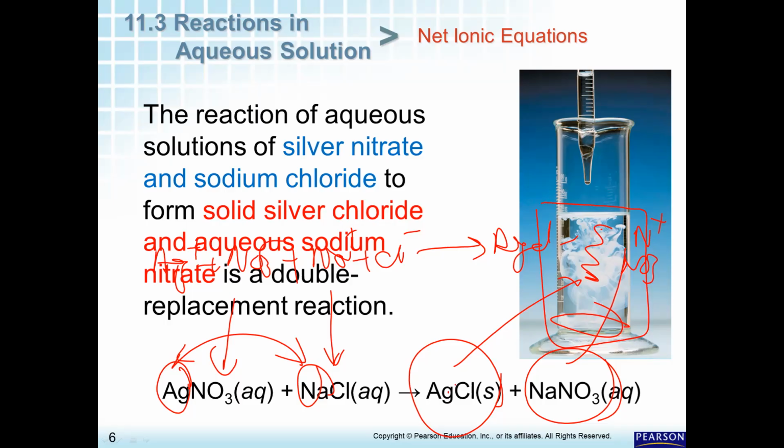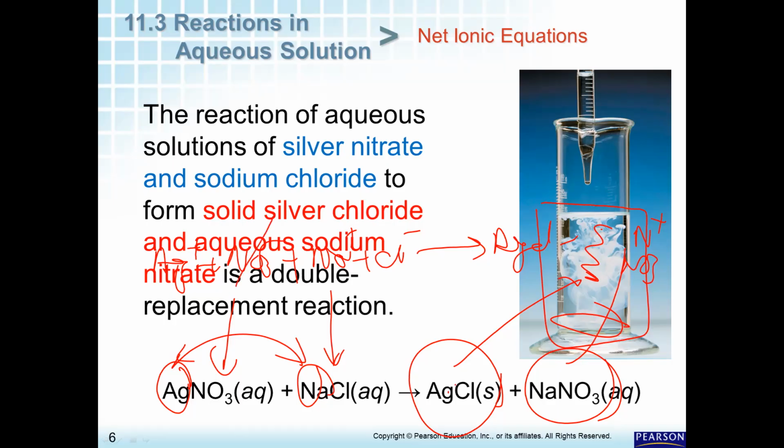Nothing has happened to them, for example the sodium and the nitrate. Since they are present on both sides, we call them spectator ions. Spectator ions are doing nothing to the reaction. That doesn't mean we cannot have them in there, but are they controlling the reaction in terms of the product? No, they are not. So we can remove them.